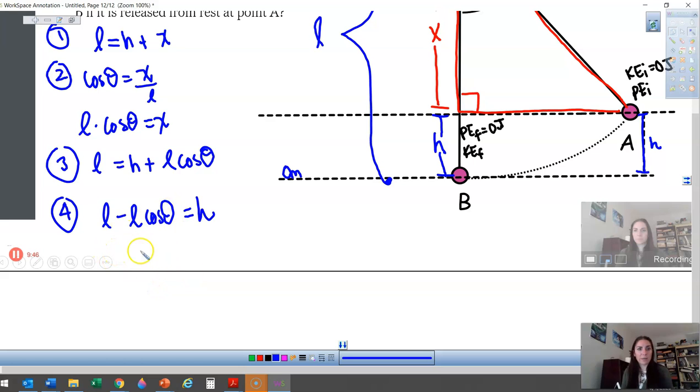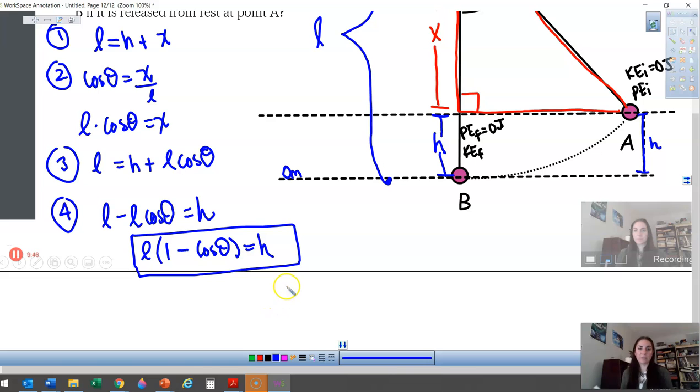We can extract that L out, and that becomes L times 1 minus cosine of the angle equals h. This is totally fine. You don't have to be fancy. But this is the height based on the length and the angle, if that's what's given to you. If they give you mass and height, then you don't need to do any of this, but it's good to see this method.